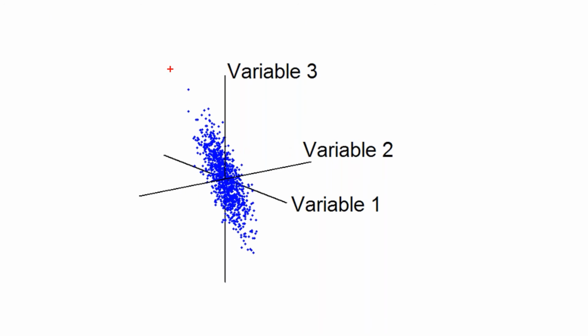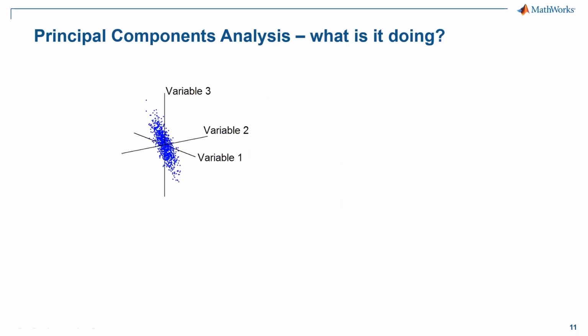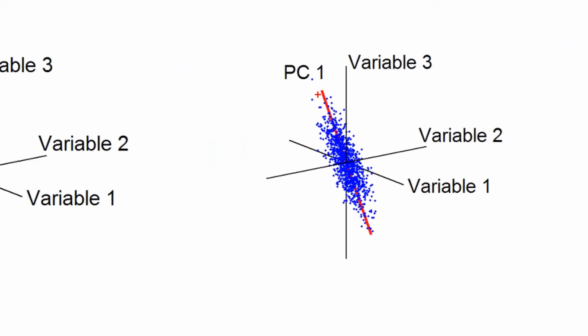There's no actual guarantee that the spread of the data aligns with those axes. So being able to understand the full extent of the information in its current state potentially relies on a combination of these variables. So what we're going to do is rotate our axes so that they align with the spread of the data, right?